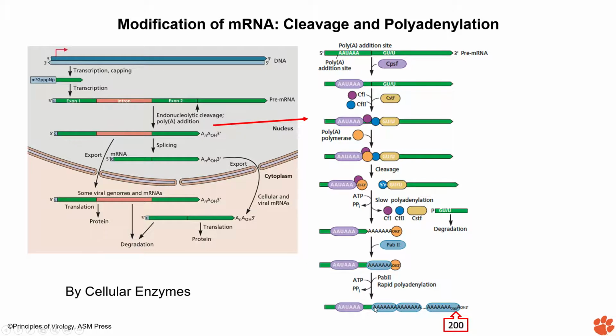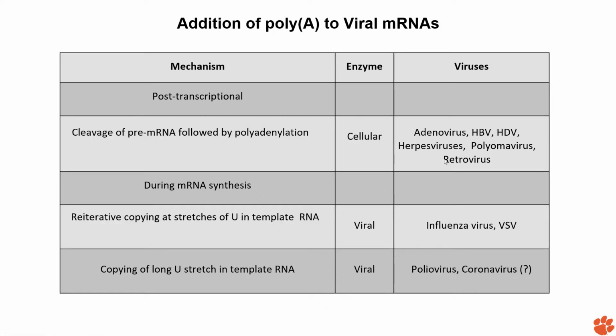That's your polyadenylated mRNA, and that is ready for export into the cytoplasm. So that's basically your take-home message. I will never ask where CF1, CF2 act, which step. Just the overview is good enough.